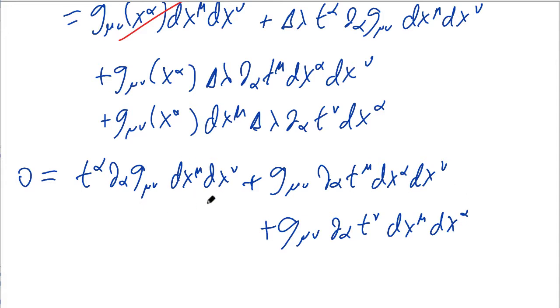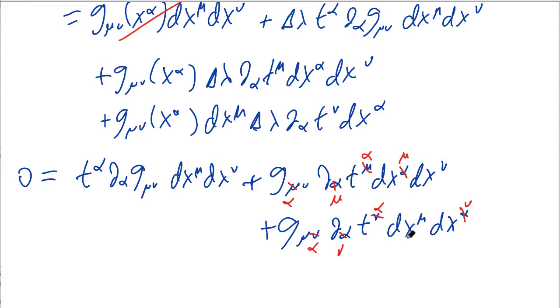So we have a common factor of dx mu dx nu in each of these terms, but the indices are not lining up. So let's change this index to mu, and then we better change this index to something else like alpha. And likewise here, we want to change this index to nu, and so we should change this index to something else like alpha.